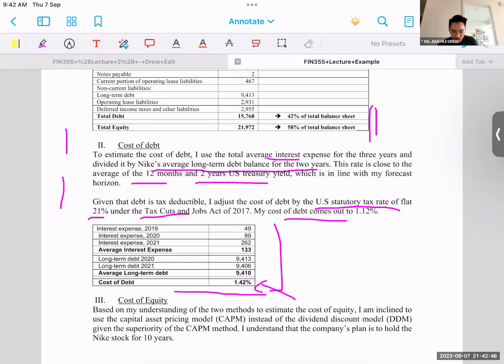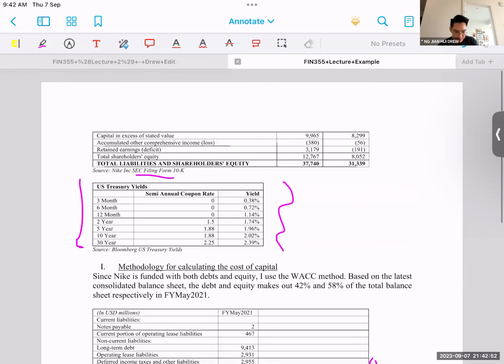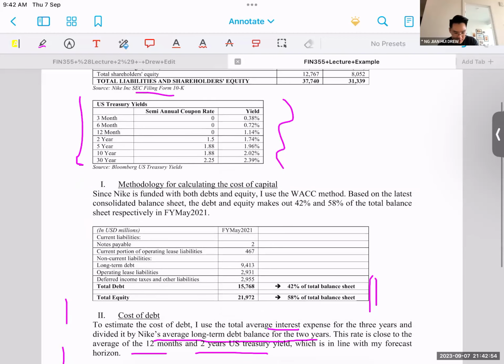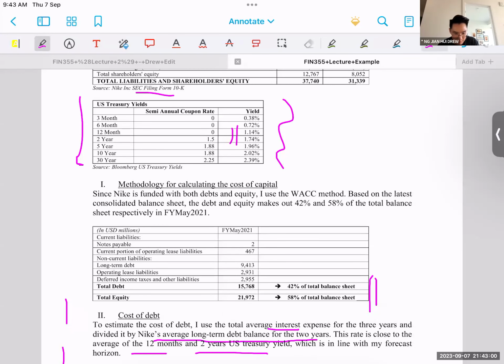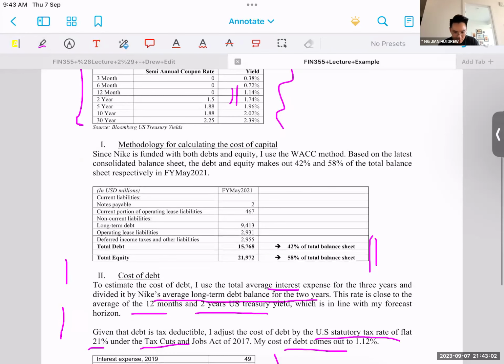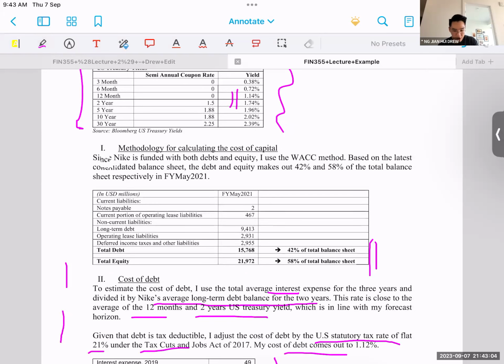So let's look at this. Rate is close to the average of 12 months and 2 years. What does this mean? Let's look at what the 12 months rate is. Is there an issue with this? Rate is close to the average 12-month and 2-year.